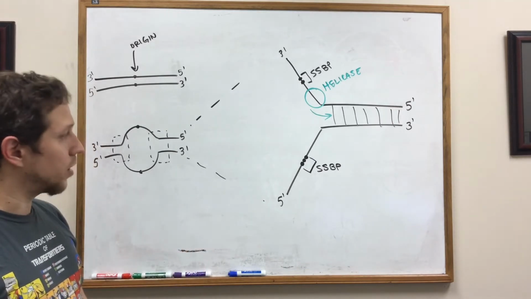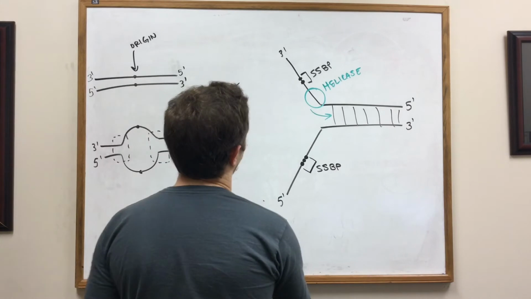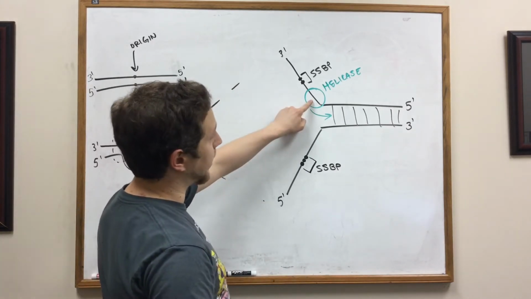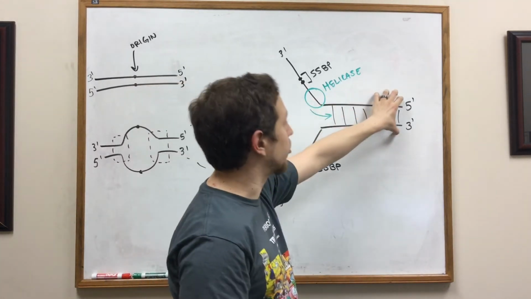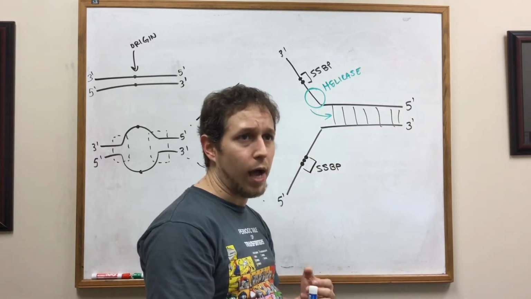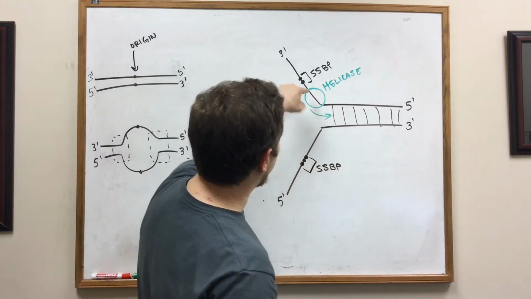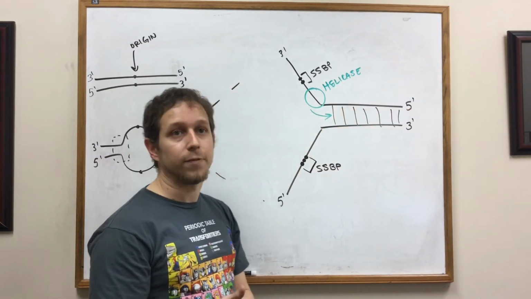Now, a couple of other things we need to consider. One of the big things we need to keep in mind here is that as we're unwinding the helix with helicase, this portion of the double helix is actually becoming a little more tightly wound. And that's a problem because if it becomes too tightly wound, helicase is not going to be able to unzip it further.